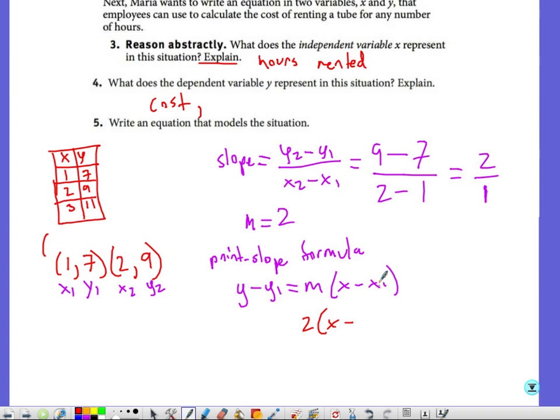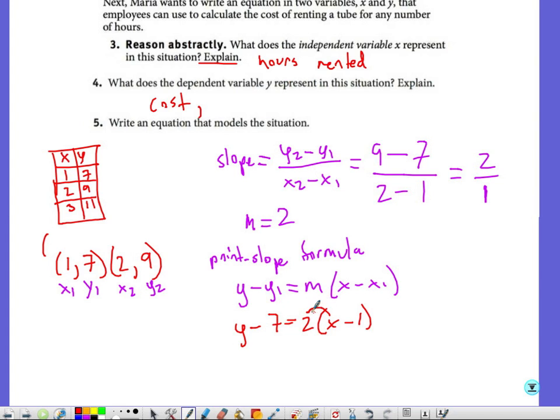Now we know what x1 is, which in this case is 1, and we also know what y1 is, which is 7. So now we use some basic algebra rules to simplify this, solve for y, and get our equation.